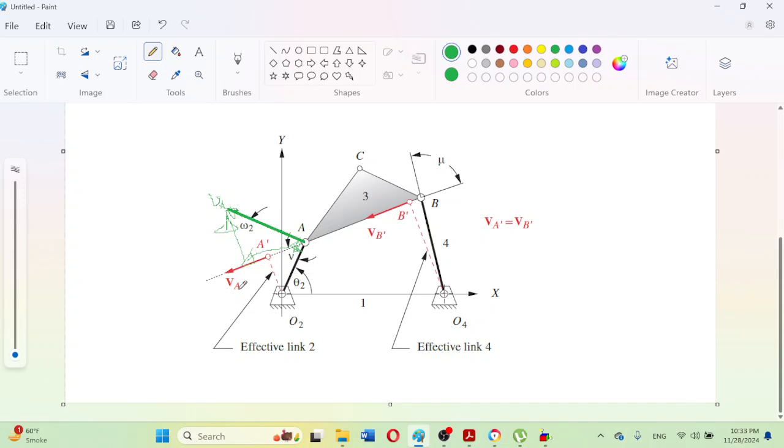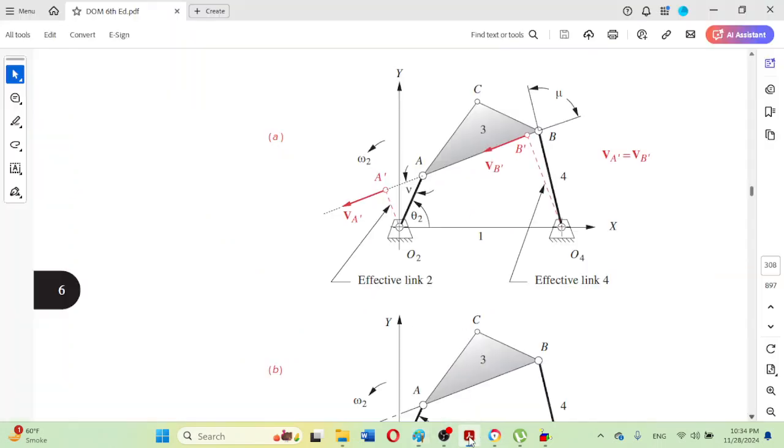So VA dash can be calculated in two ways. One way is that we calculate the effective link O2A dash, and then we multiply it with the angular velocity to obtain VA dash as it has been explained here.